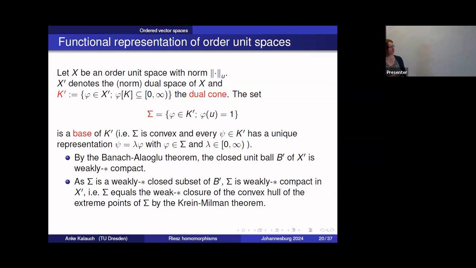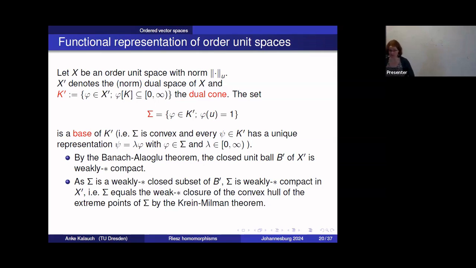You look at your dual, so you go to the dual space. You have a norm here, so you have the space of all linear continuous functionals on it. Classically, in functional analysis, you have the dual space. And you look at all those functionals that map the cone into positive numbers, so all positive functionals. And it turns out that this again gives you a cone, the so-called dual cone.